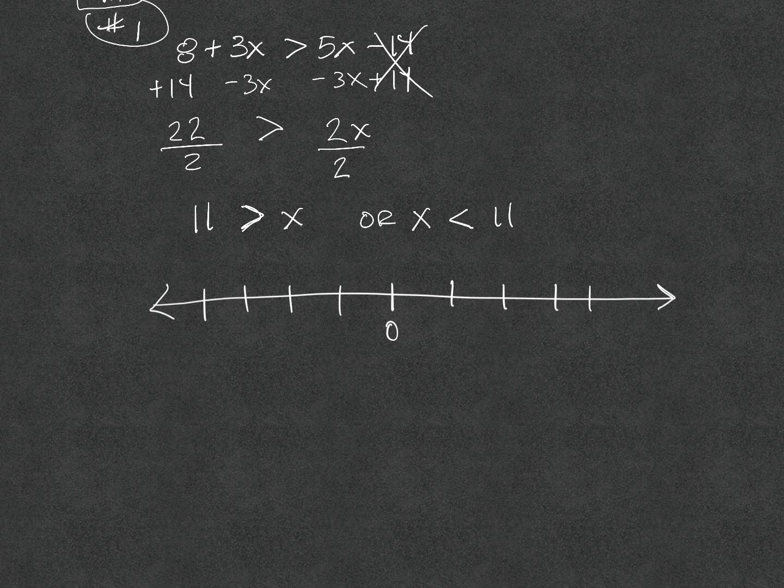So I have an 11. It's a positive 11. So maybe I want to go ahead and go up by 5 each time. Alternatively, I could get rid of the tick marks and just put an 11 on one side, positive 11, and a negative 11 on the other side.